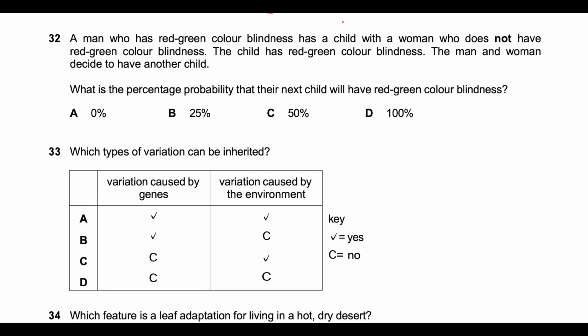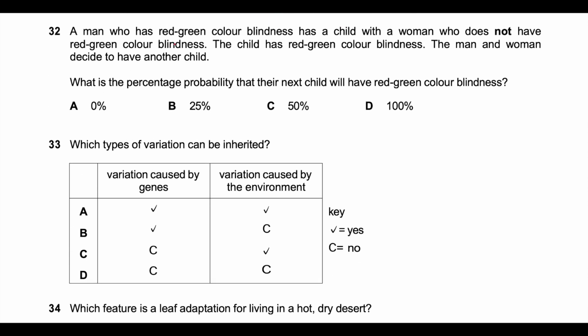Let's do question number 32. A man who has red-green color blindness has a child with a woman who does not have red-green color blindness. The child has red-green color blindness. The man and woman decide to have another child. What is the percentage probability that their next child will have red-green color blindness? Listen, this is a tricky question. Why? Because they mention child without mentioning boy or girl.